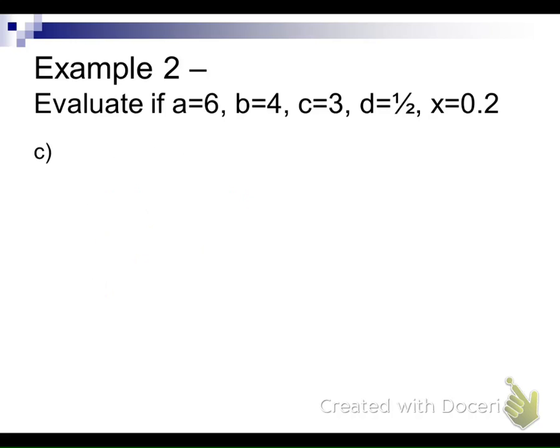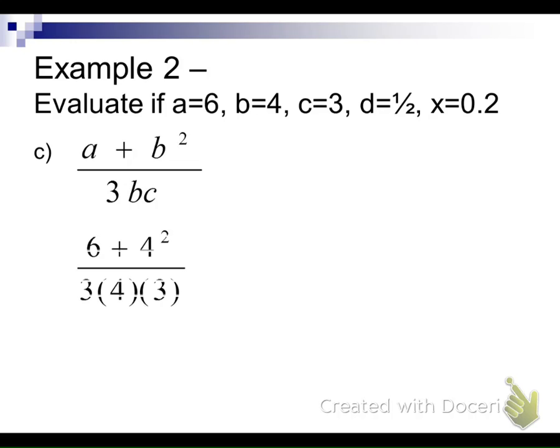Last example. A squared plus B squared over 3BC. Again, our first step needs to be to replace all of those variables, so that's what I did. Now you have to be careful in a fraction. Treat the numerator and the denominator separately. Do the order of operations in the numerator, do them in the denominator, and then if possible, reduce the fraction at the end.